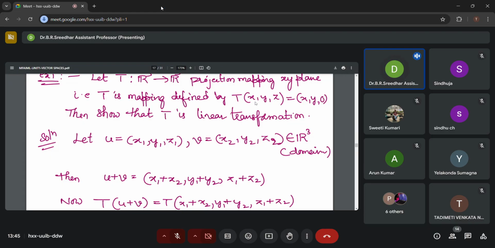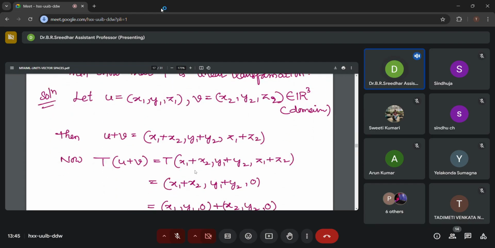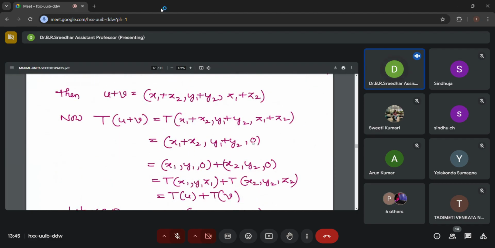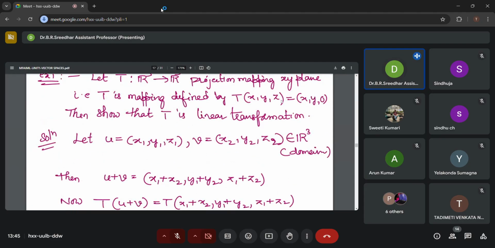Now in place of x, we have x1 plus x2, mapped as it is. And y1 plus y2 is mapped as y1 plus y2. But z1 plus z2, according to this relation, is mapped to 0. So I took it as 0. You may ask why sir took it as 0 here. Please concentrate. In place of z, the respective codomain value is 0.